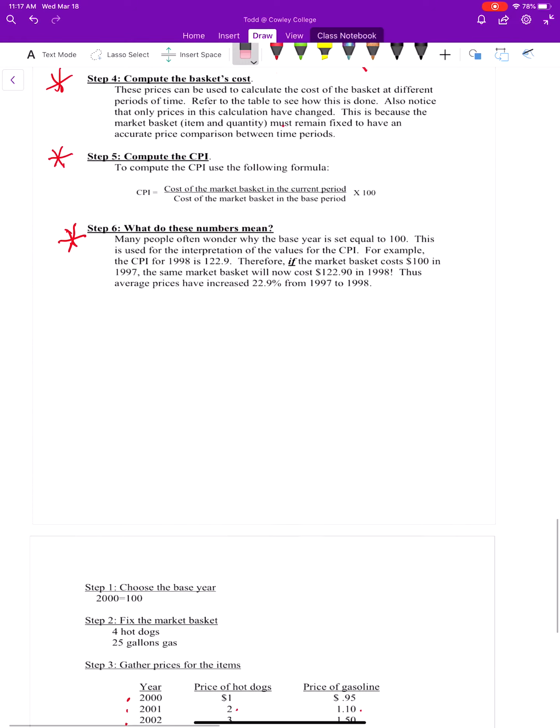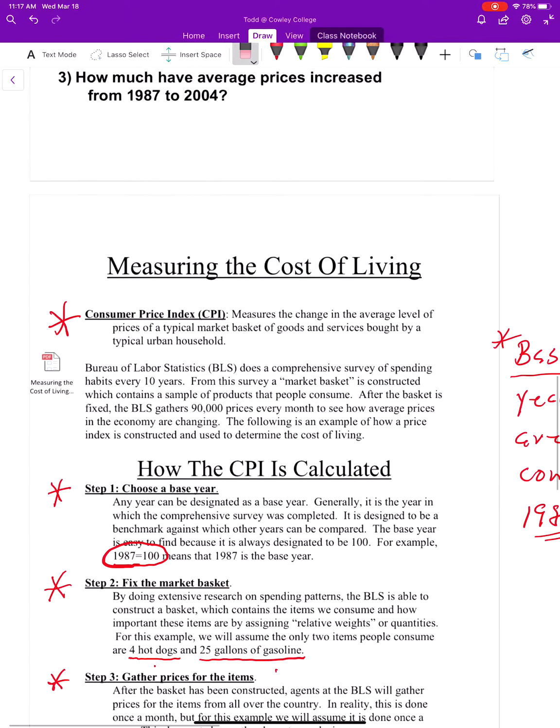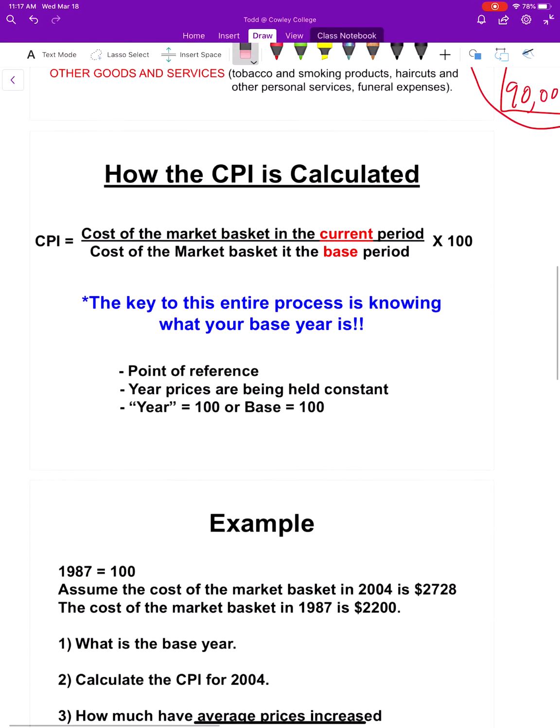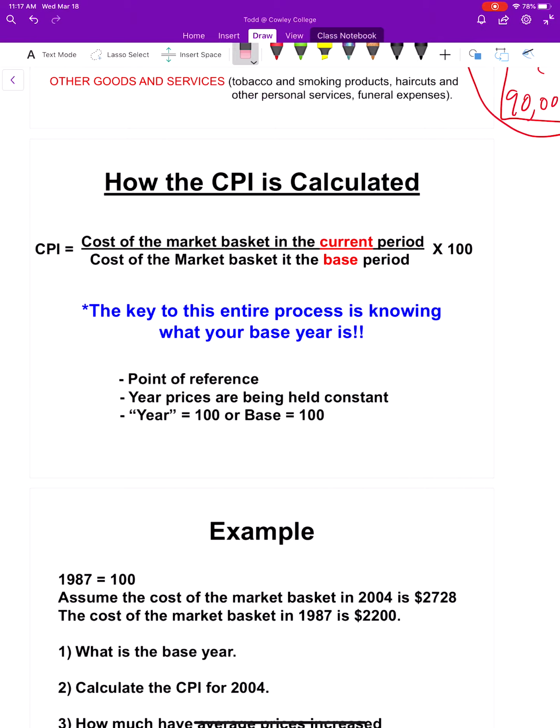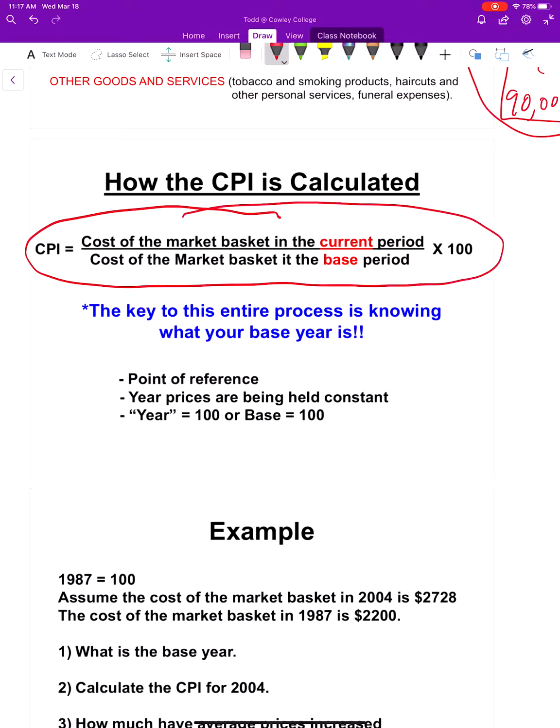The formula for the consumer price index is the cost of the market basket in your current period, that is what you are calculating for, divided by the cost of the market basket in your base year, multiplied by 100.